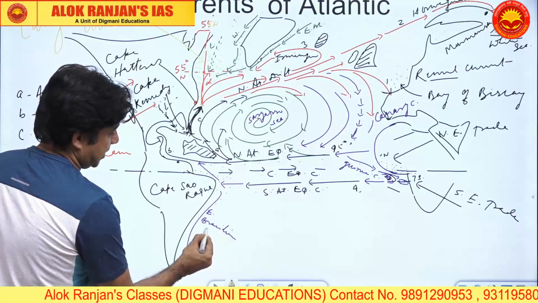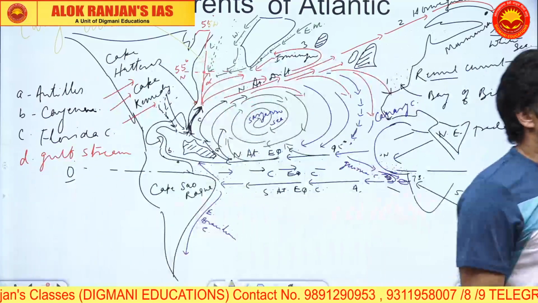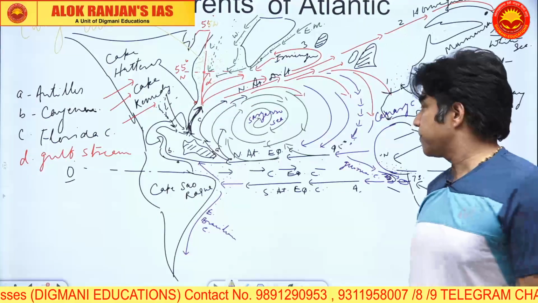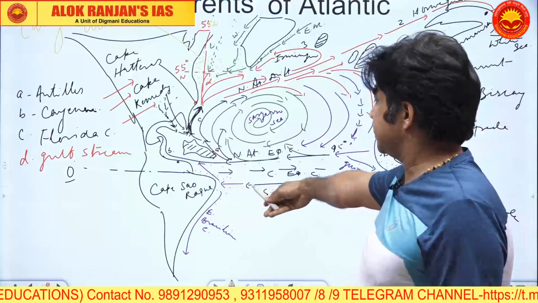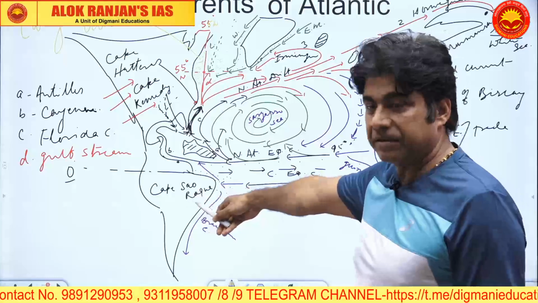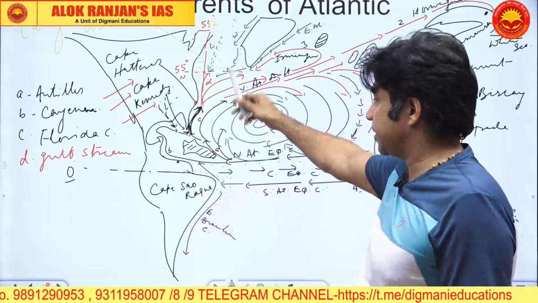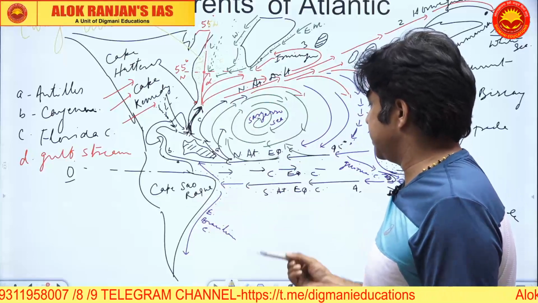This is your Eastern Brazilian current. Check out. South equatorial current will hit the Cape Sao Roque and then bifurcate. The northern part will superimpose the Guiana current and the southern part is called East Brazilian current.